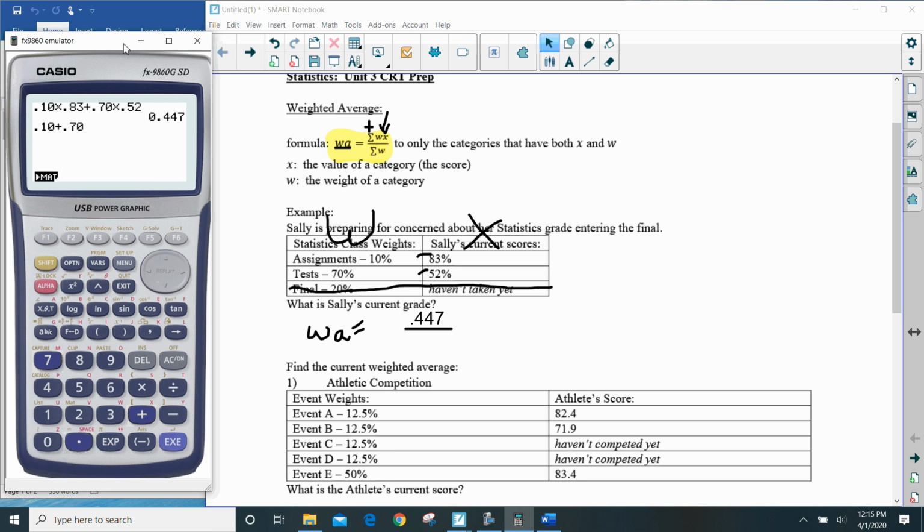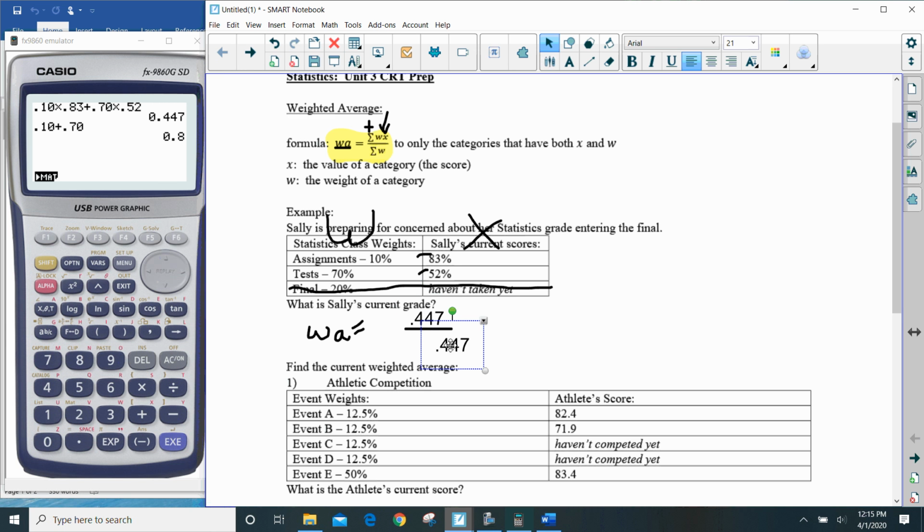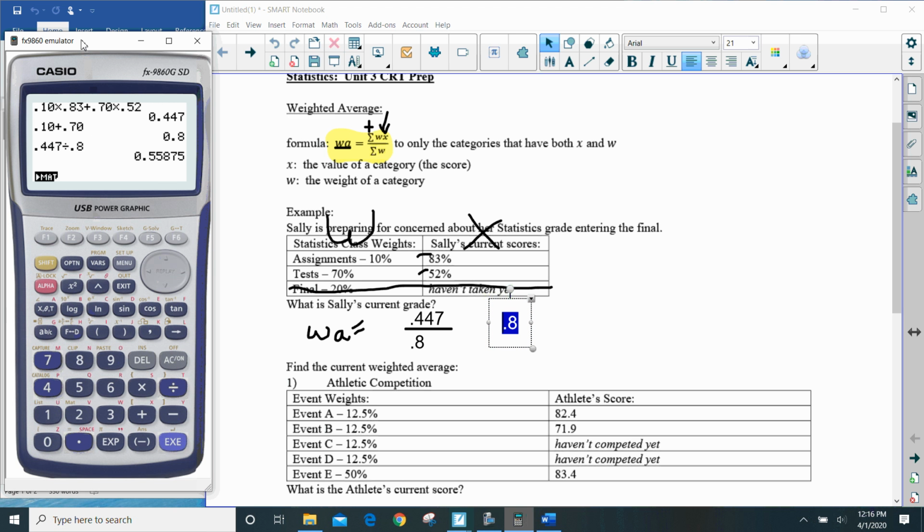Again, it does not involve that 20% final because it doesn't have a corresponding X. So that denominator is going to be 0.8. When all is said and done, the weighted average, aka Sally's score, is going to be 0.447 divided by 0.8.